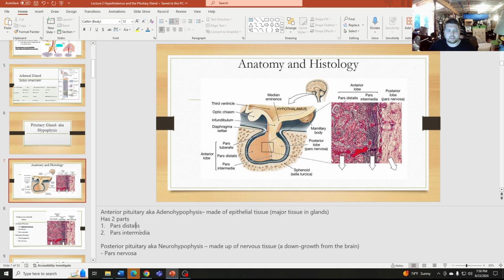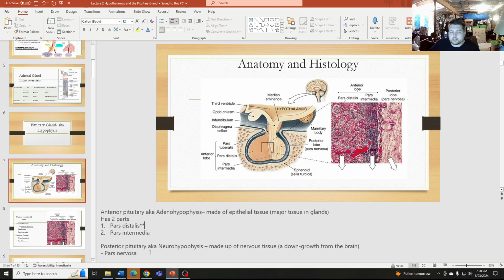So all of these different terms can be used for examination. If you see anterior pituitary, you need to know that that is also your adenohypophysis, or you could also technically call it your pars distalis or your pars intermedia, more commonly your pars distalis.